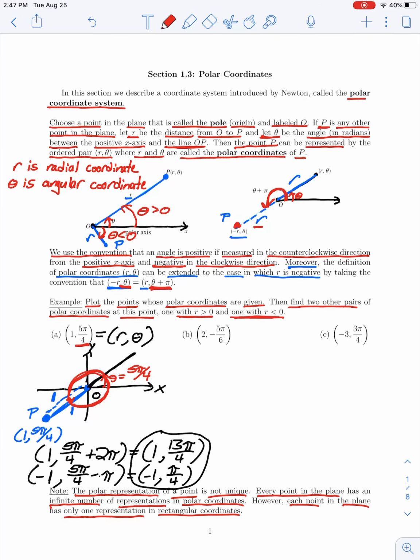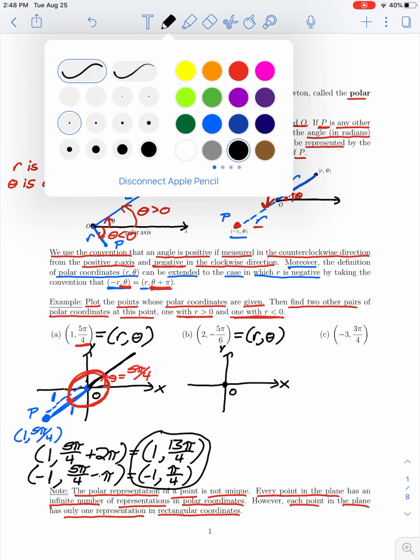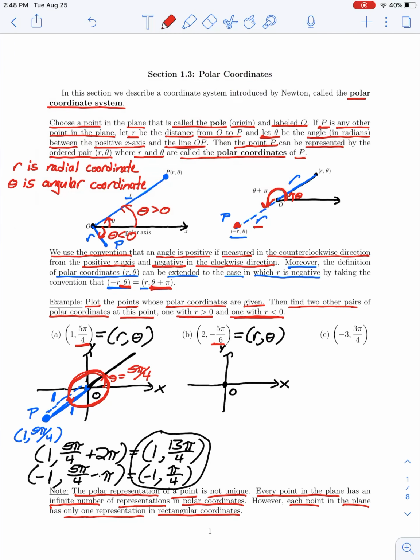In part B, we have the point given as r, theta equal to 2, negative 5 pi over 6. So let's plot that point first. So here, drawing on top of our standard xy plane, we have our origin O. We would rotate by negative 5 pi over 6. So the fact here that theta is negative means that we are rotating 5 pi over 6 radians, but in the clockwise direction.